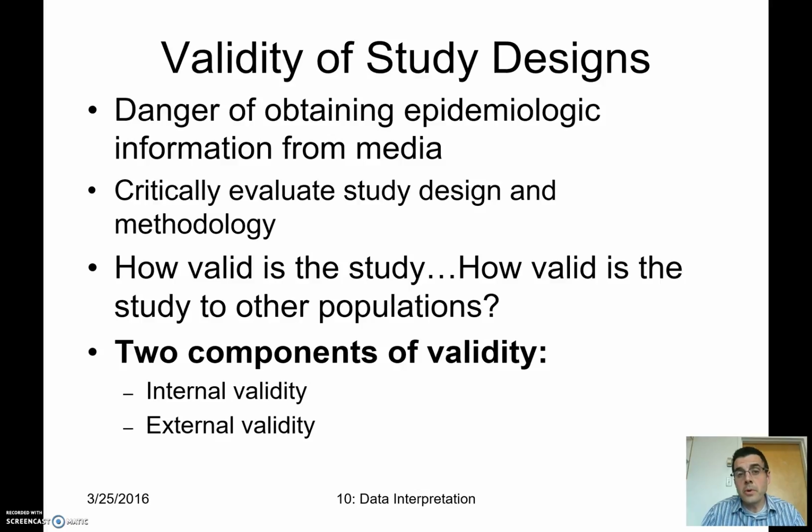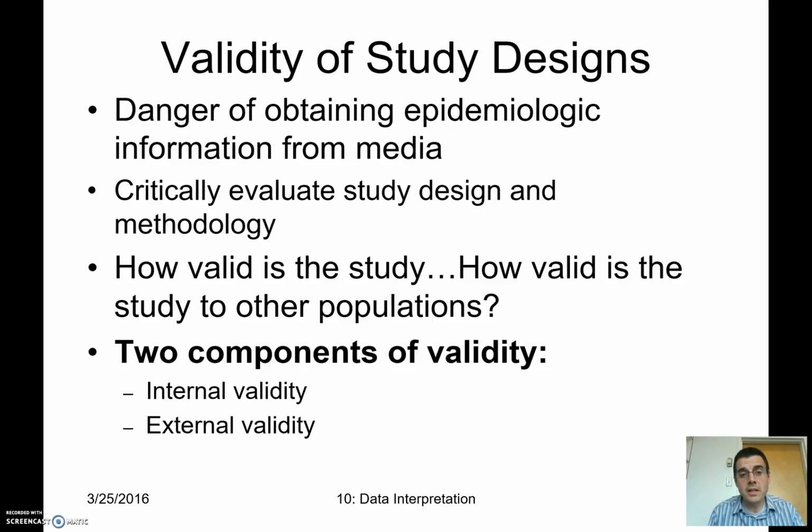First thing that's really important is that it's always important to talk about the validity of a study design. The question that always comes up is: did we actually obtain the data and the findings that we intended to find with the data that we collected or the study that we did? You have to evaluate that particular study design and the methodology that was used.